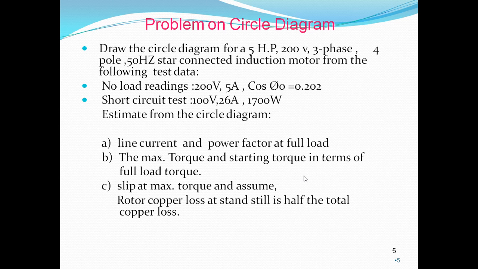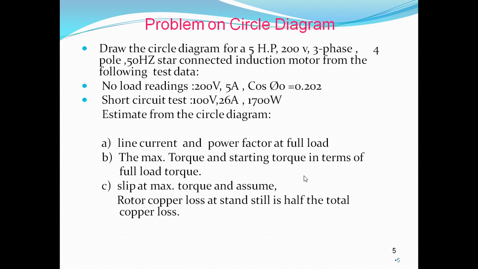No load: V is equal to 200 volts, I naught is equal to 5 amps, and cos phi is equal to 0.02.